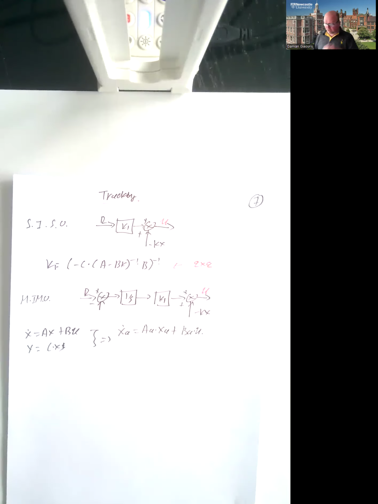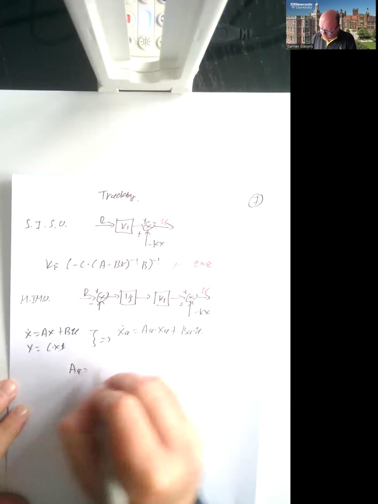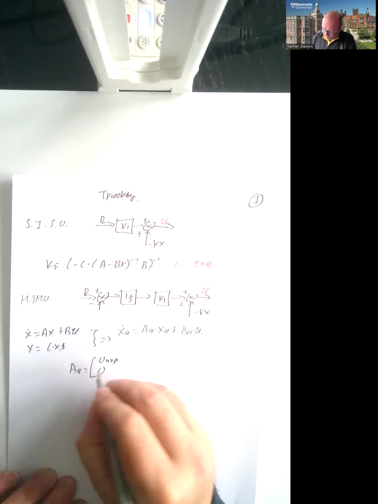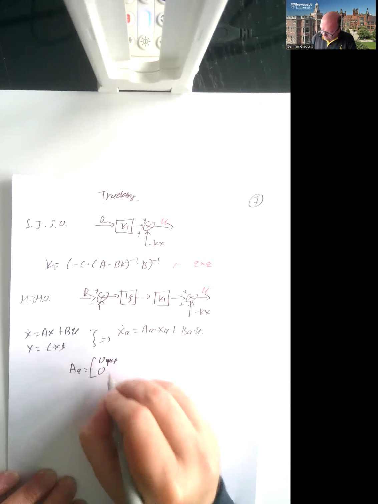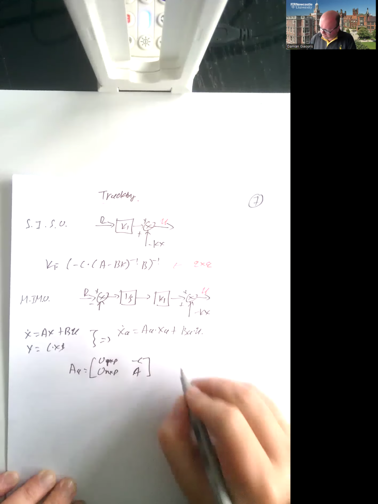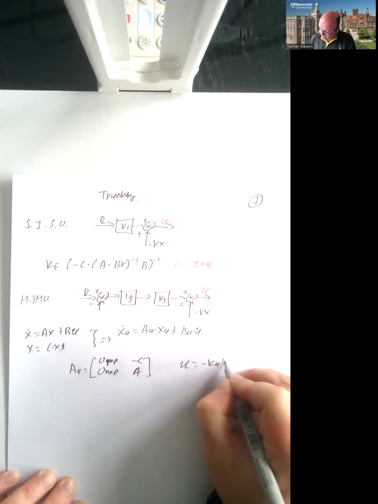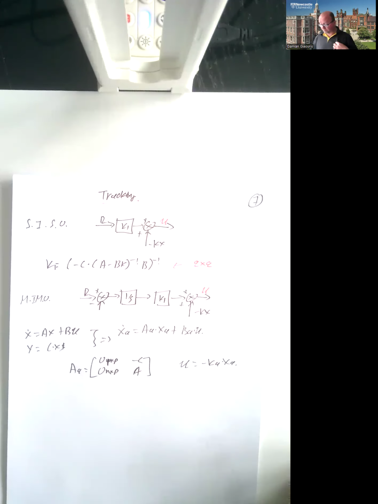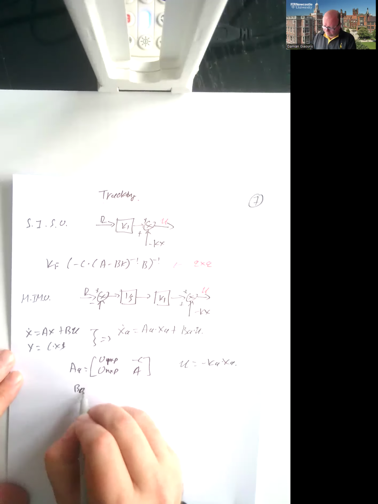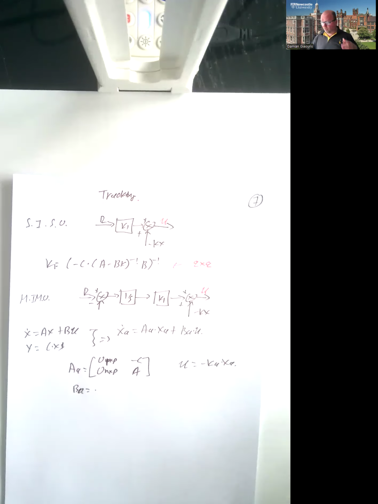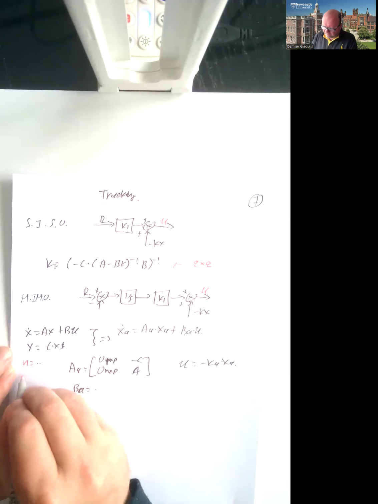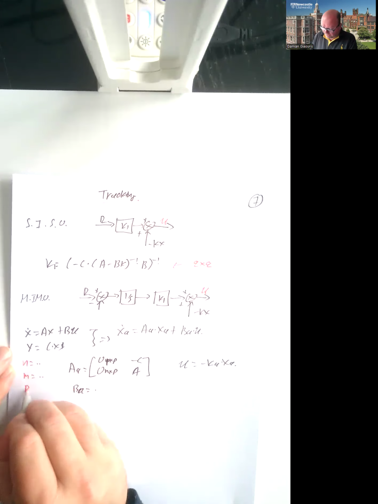Where, for example, AA will be 0 p by p, 0 n by p, minus C, A, and of course you will be minus Ka times xa. Now you will be given all these formulas for AA, you will be given BA and so on, and all that you have to do here is that from A, B, and C, find n, find m, find p, and put them here.